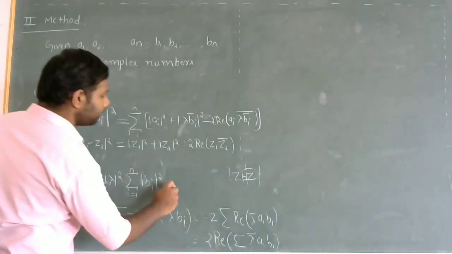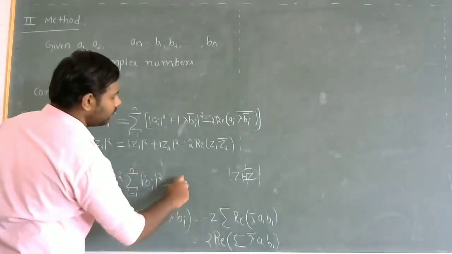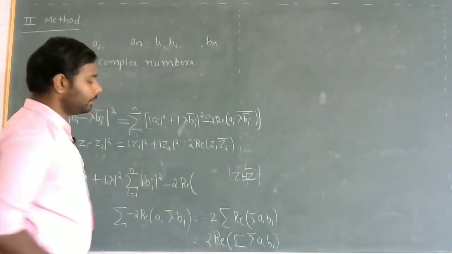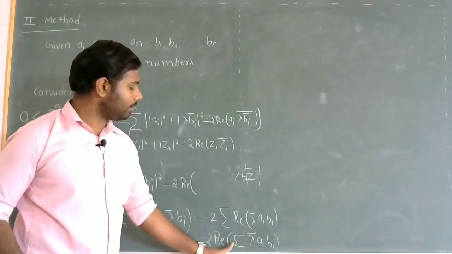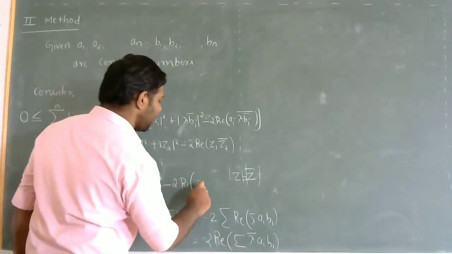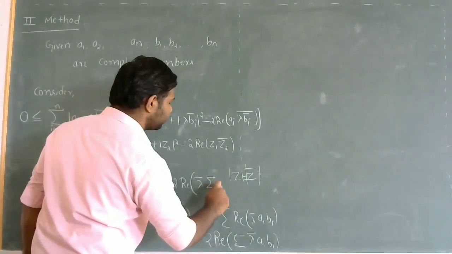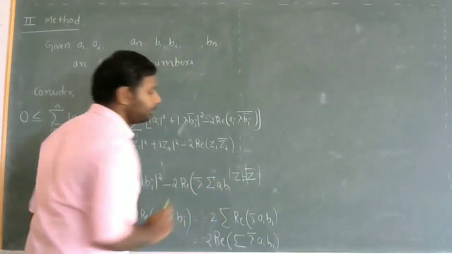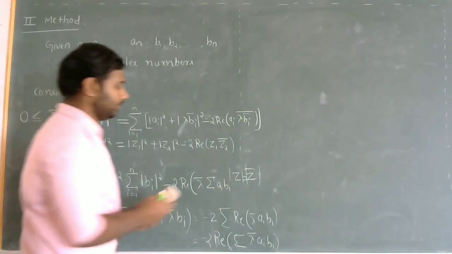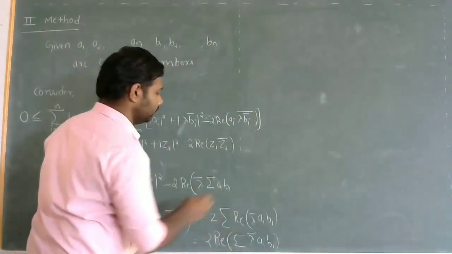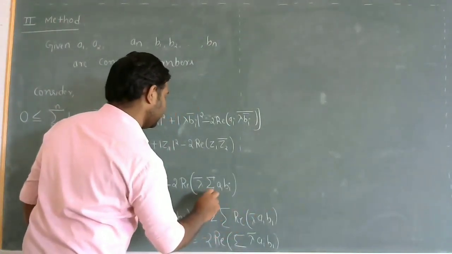So the third term will be minus 2 into real part of lambda bar into summation ai bi, i running from 1 to n.